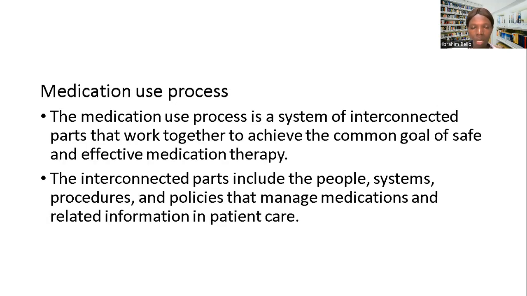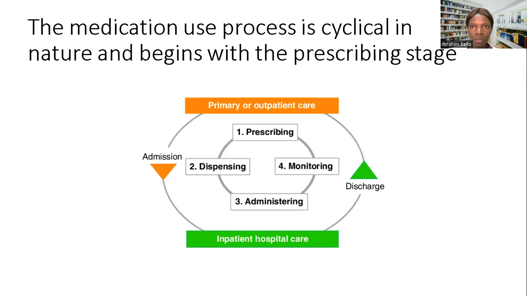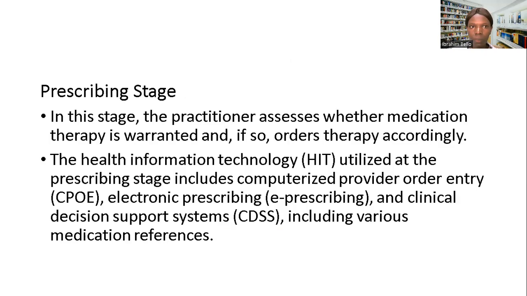Medication use process. The medication use process is a system of interconnected parts that works together to achieve the common goal of safe and effective medication therapy. The interconnected parts include the people, systems, procedures, and policies that manage medications and related information in patient care. The medication use process is cyclical in nature and begins with the prescribing stage.